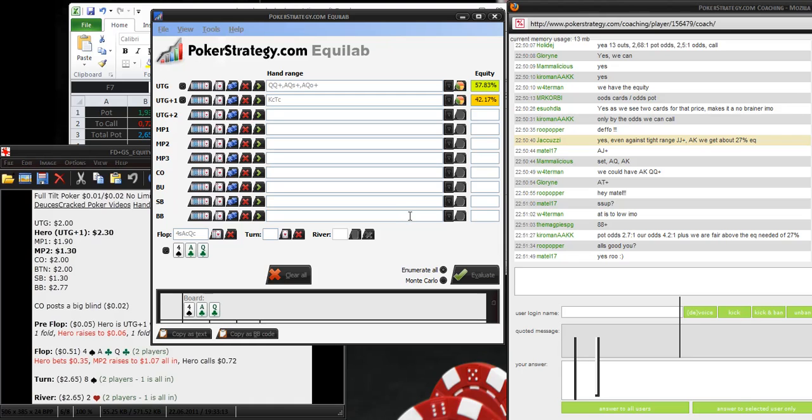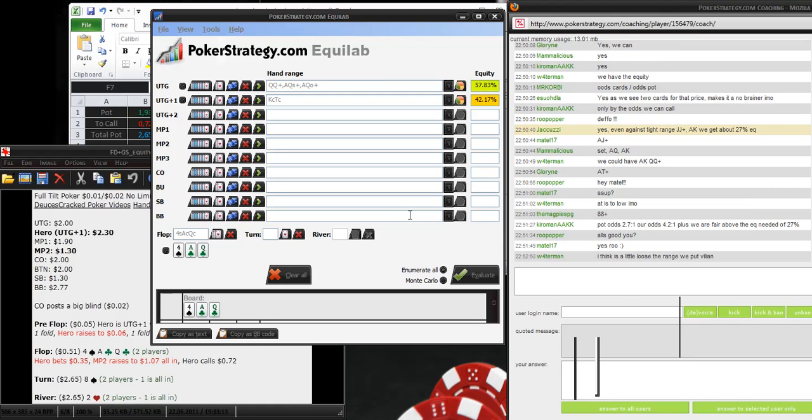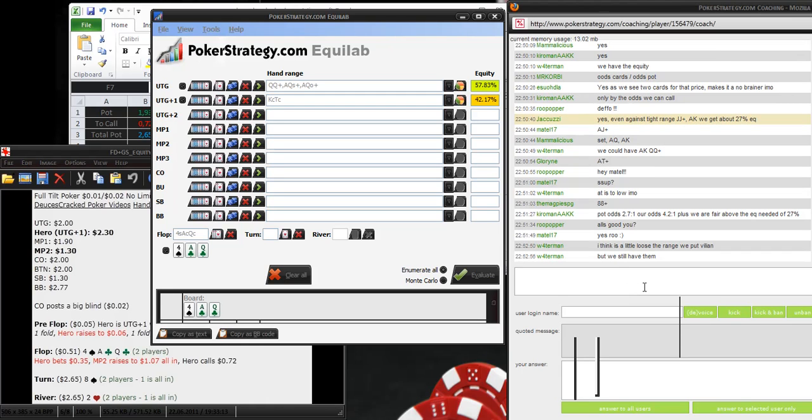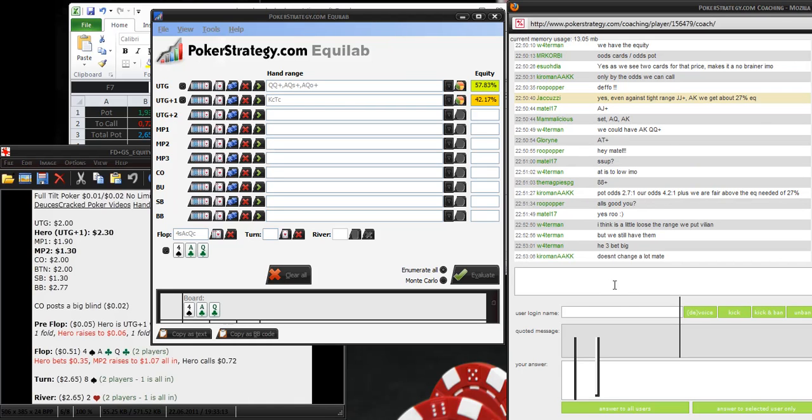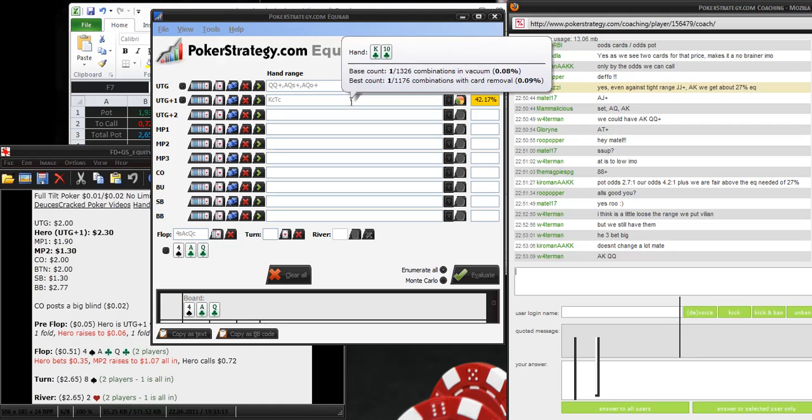So do you have any questions so far? I think it's a little loose, the range we put the villain on. Waterman, let's try. What kind of range would you put him on? It wouldn't change much.